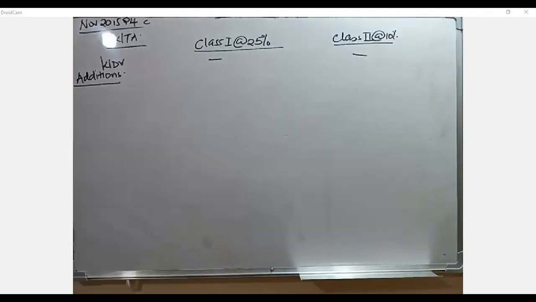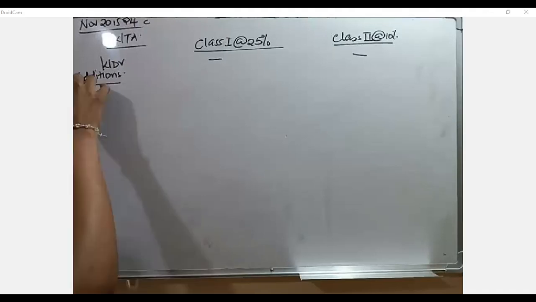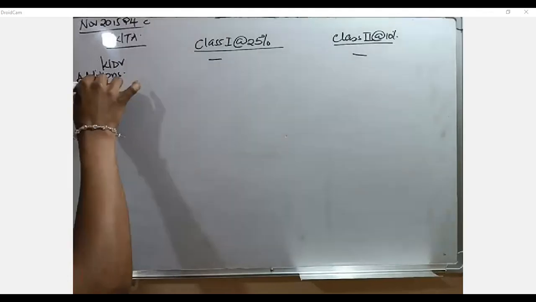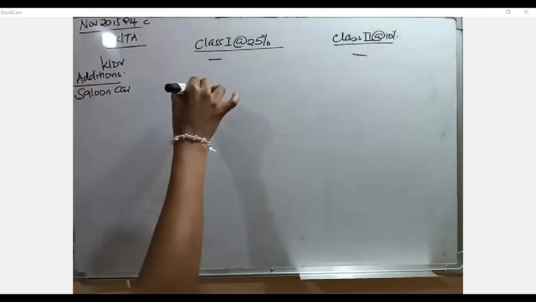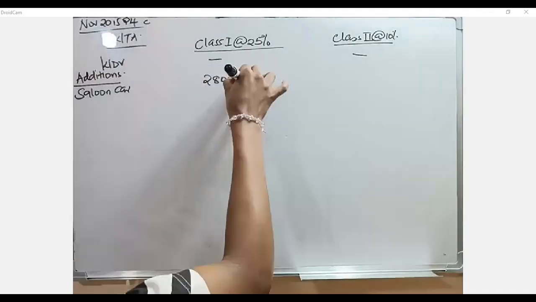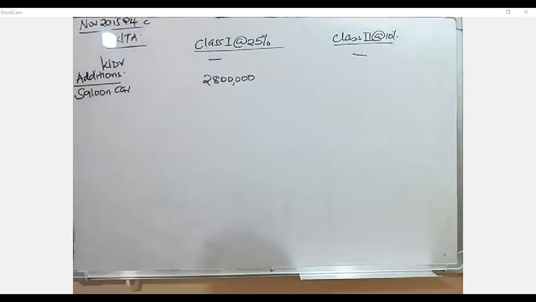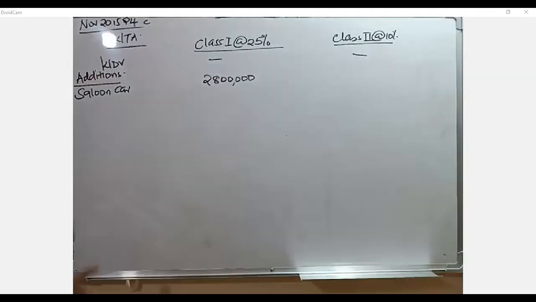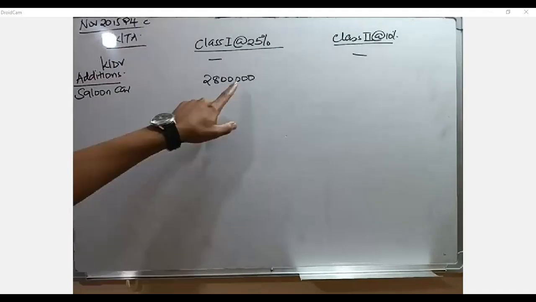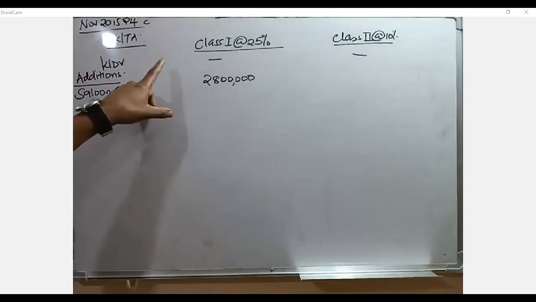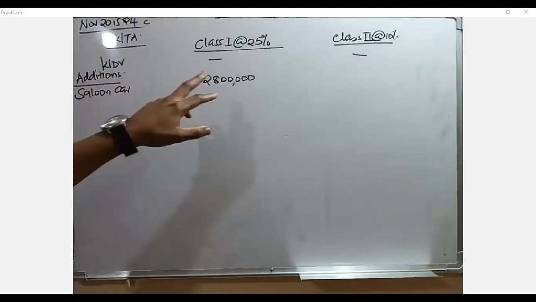Now, in this case, let me look for any asset which qualifies for WTA. We have the factory building, which we are done with, and the processing machinery, which we are done with. We have a saloon car. The saloon car given is 2.8 million. We said it qualifies for class 1. You may ask me why I am putting 2.8. I put a note in my notes that the saloon car is restricted to 3 million.